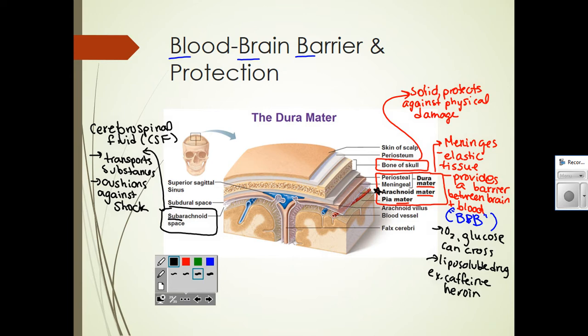So, if we were to ask what protects your central nervous system, I would say there are 3 things: bone, meninges, and cerebrospinal fluid.